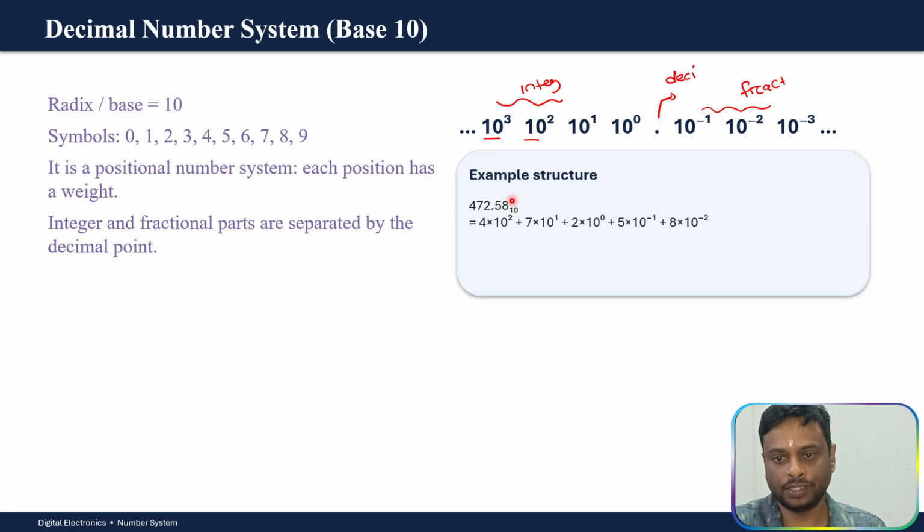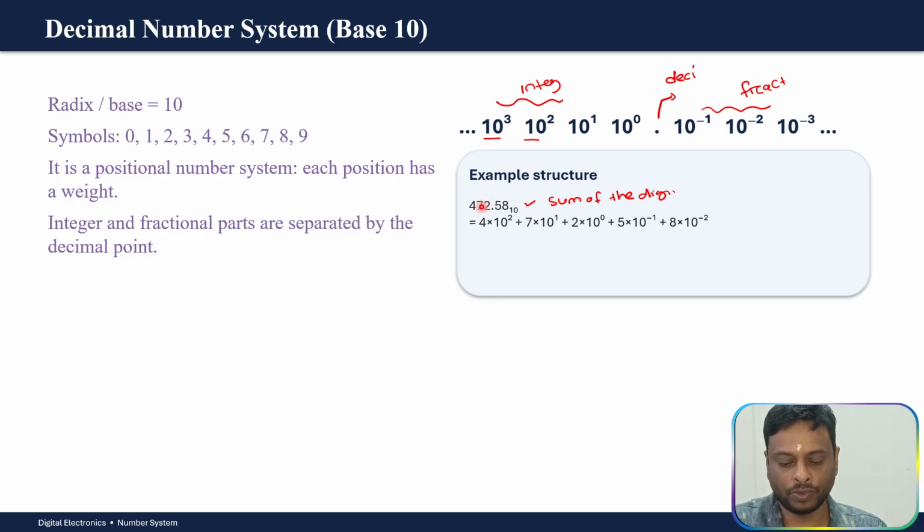So for example, take 472.515. You have to express it as the sum of the digits. You will have 4 into, so what is the weight of 4? That will be 10 to the power 2. Then 7 into 10 to the power 1 plus 2 into 10 to the power 0.